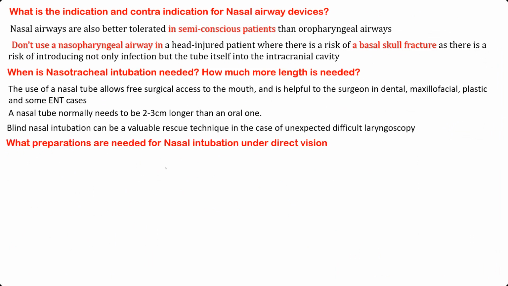So what preparations are needed for nasal intubation under direct vision? Direct vision means you are going to put in a laryngoscope, Macintosh laryngoscope, and visualize and then do it. So what will a conscious patient tolerate? Lubricate the nose and tube.